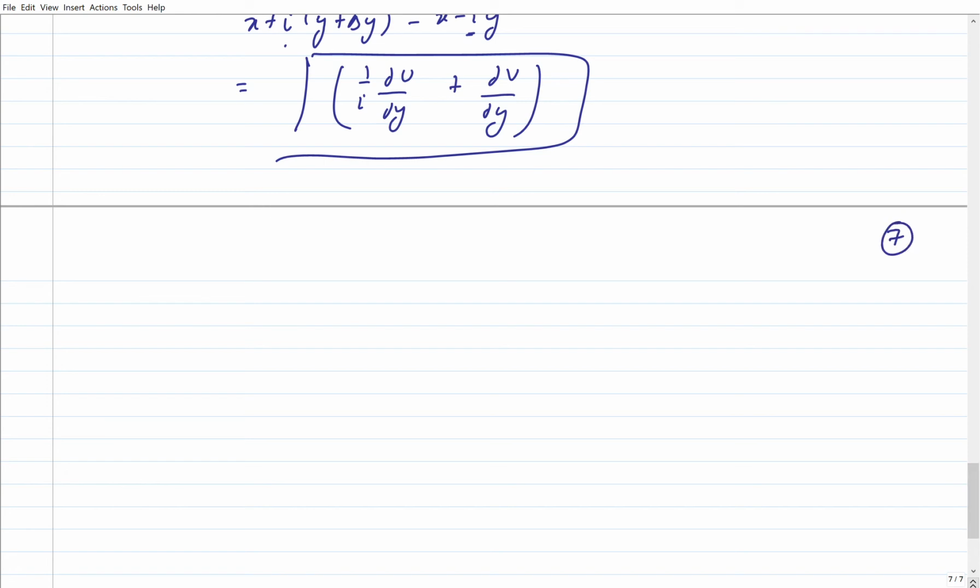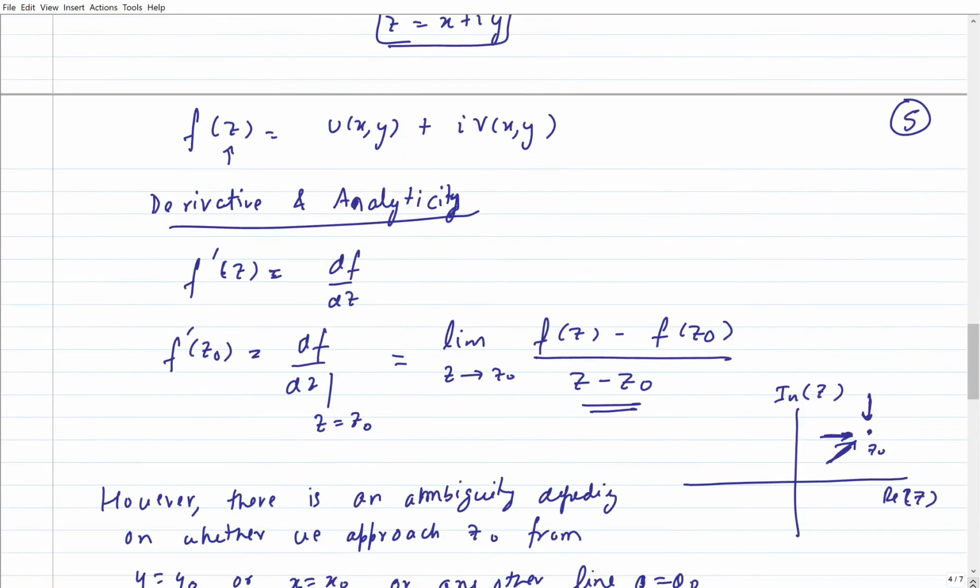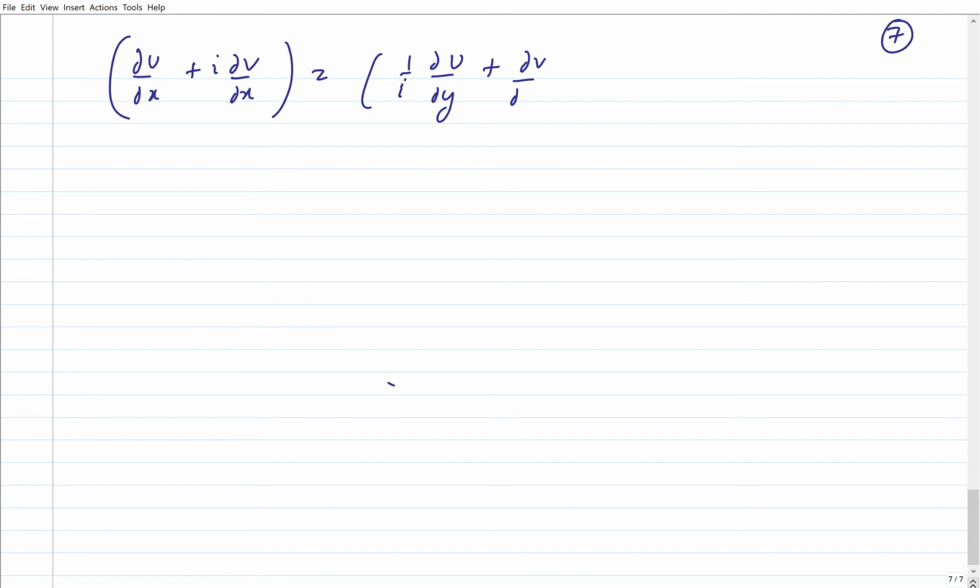So that gives me the condition: delta u by delta x plus iota delta v by delta x is equal to 1 over iota times delta u by delta y plus delta v by delta y.